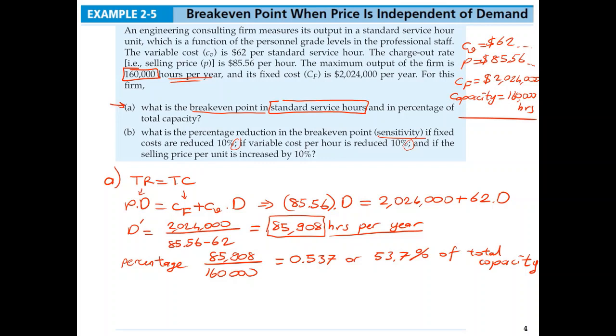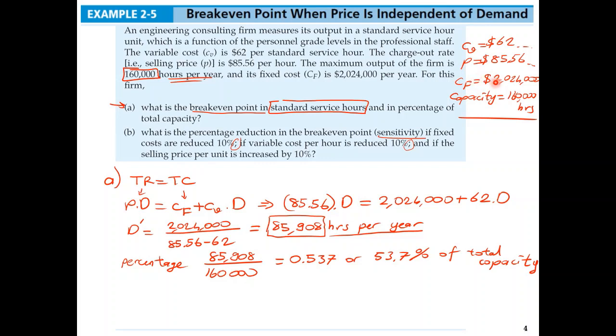Please try to understand the question so that when you understand it, the solution is quite easy. So we use some data to solve this problem. What are these data? We use the variable cost, we use the price, we use the fixed cost.